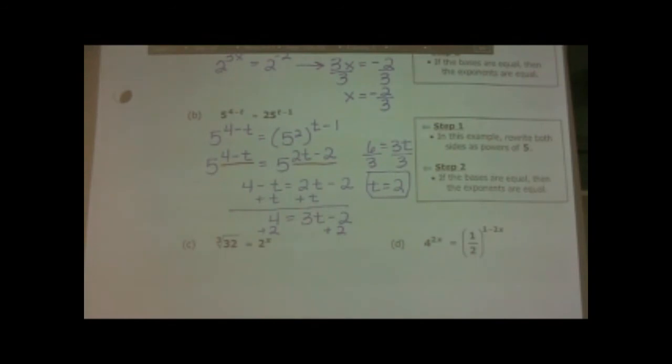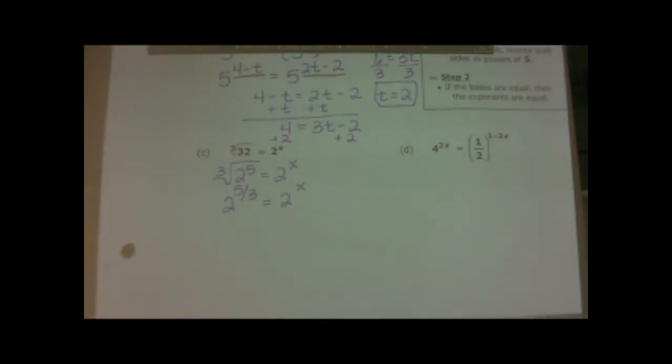All right, let's take a look at C. Now, C, I have a 32 and a 2, but I need the same base on both sides. But I know that 32 is 2 to the 5th. All right, so that's what I'm going to do. I'm going to rewrite it as 2 to the 5th. So this is the cube root of 2 to the 5th equals 2 to the x power.